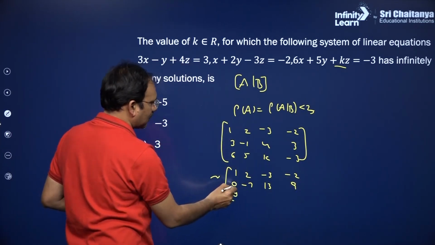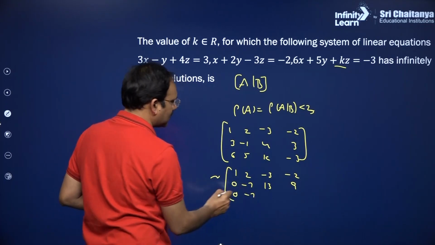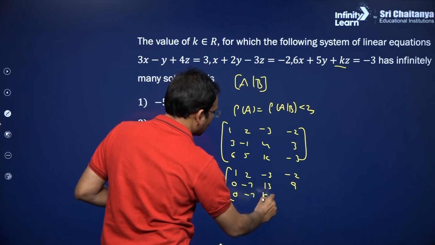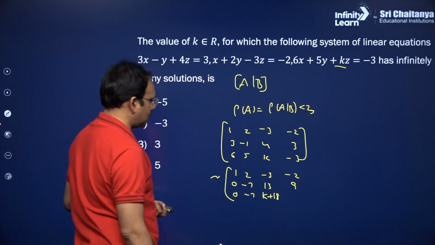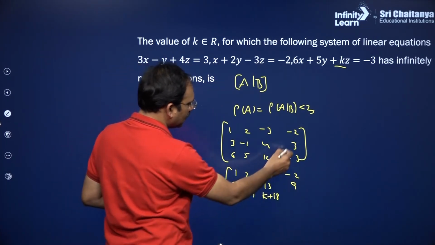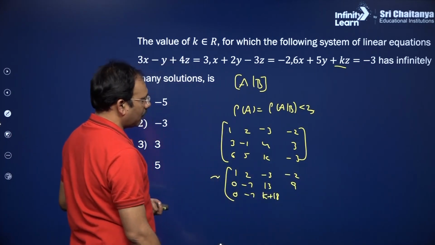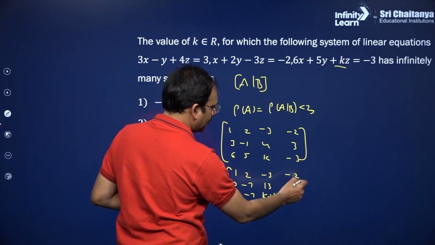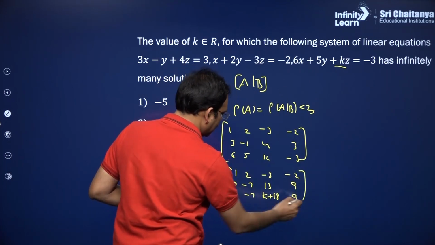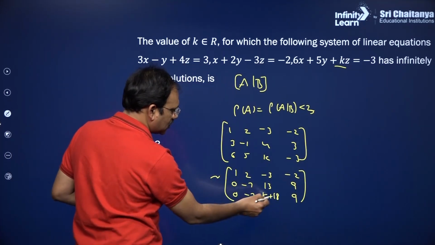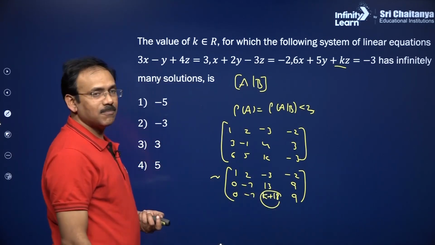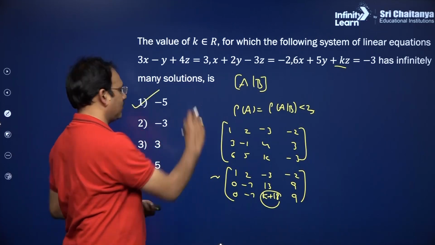Into 6 and subtract, 0. 12 means minus 7. This is into 6 is minus 18, which you can say K plus 18, my dear friends. So this is also going to be minus 6, you can say this is minus 12, minus 3 is 9. So if you subtract, this is 0, this is 0, this should also be 0 when you subtract with 13, K must be, my dear friends, minus 5, that is all.